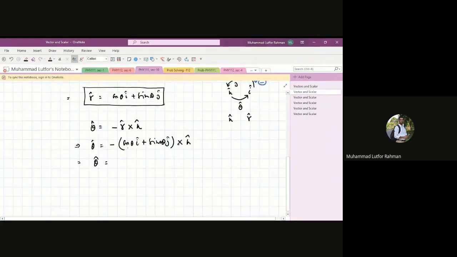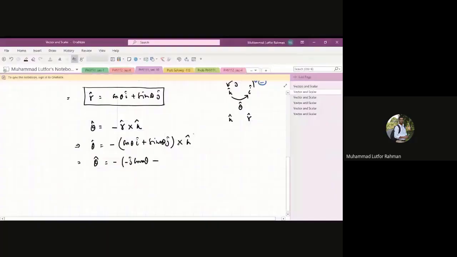So cos theta i cross k. I cross k, I'm moving clockwise, so I find minus j. That means I'll find minus j times cos theta, plus j cross k.